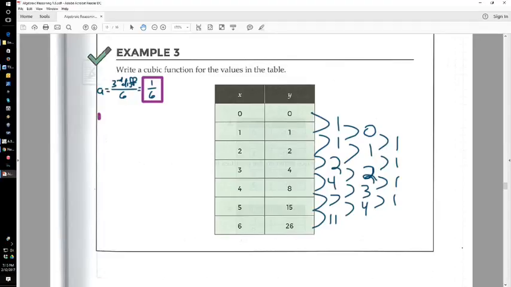Right. B is the first, remember it's the first, second difference minus the third divided by 2. So the first second difference is 0, because remember, this is your starting point.